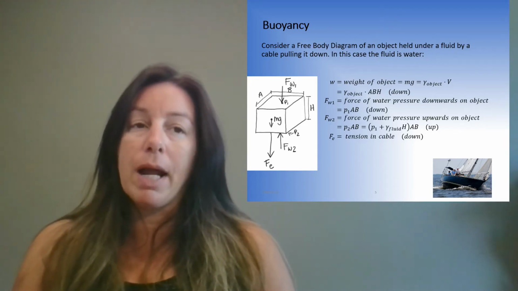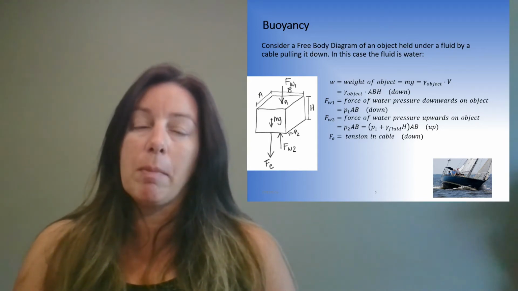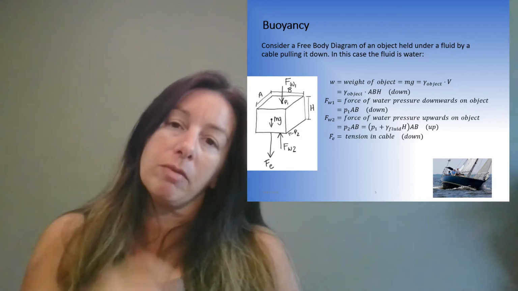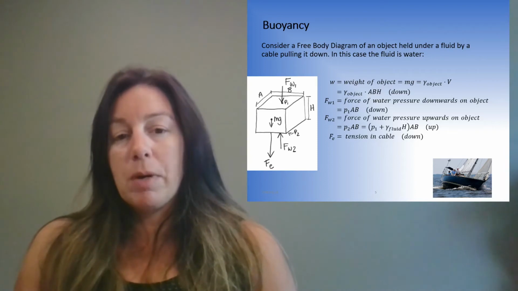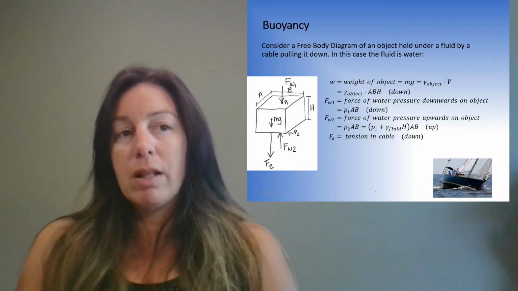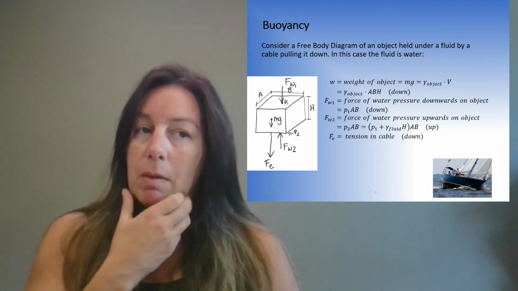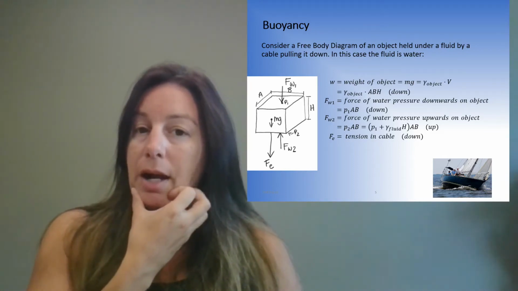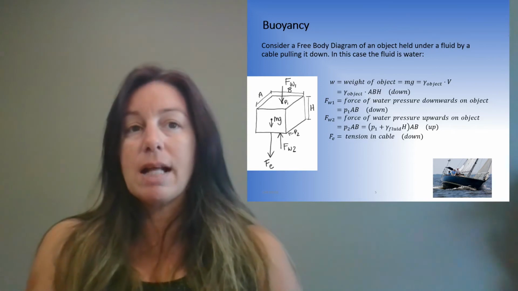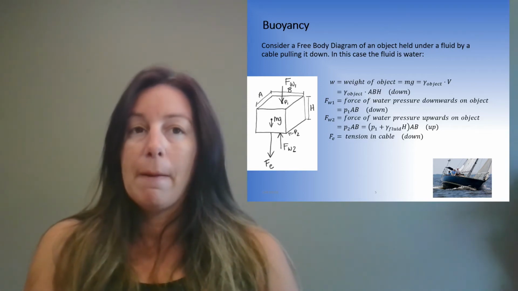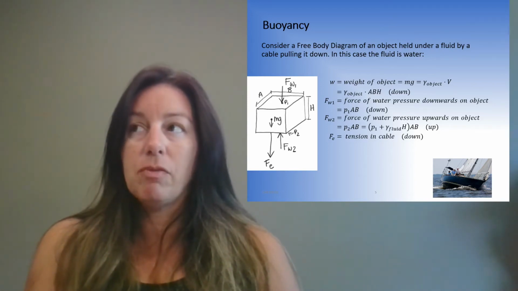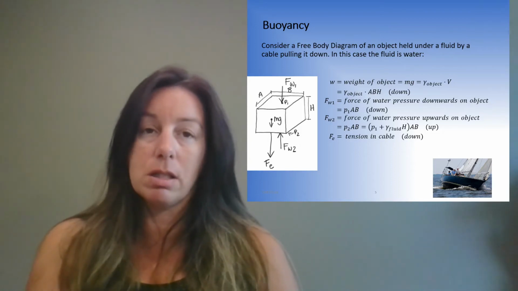If you break it down, remember we did this before where we added all the pressures in the column of the fluid. So we've got the pressure at 1 plus the specific weight of the fluid times the height, because we're going from the top of the cube to the bottom of the cube, times that area, A times B. And that's acting up, okay? Remember, the forces act perpendicular to the surface.